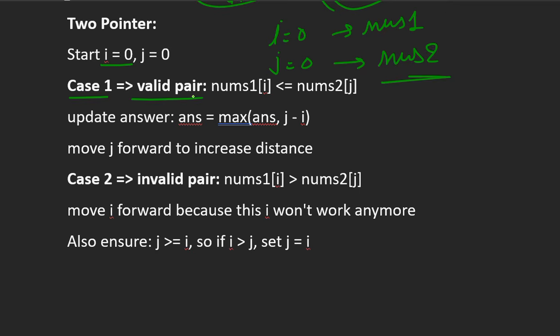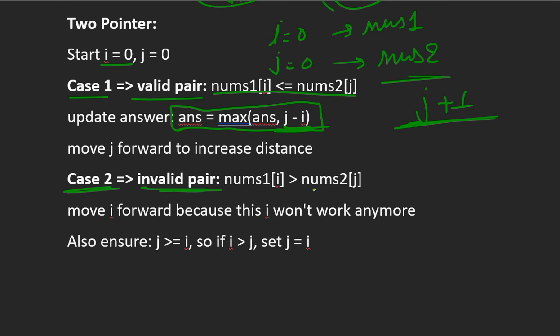Case one is a valid pair. If we get a valid pair, we do j plus plus, increasing j so that we can maximize the distance of the valid pair. If the pair is valid, we find our distance and compare it with the answer. Case two is an invalid pair.